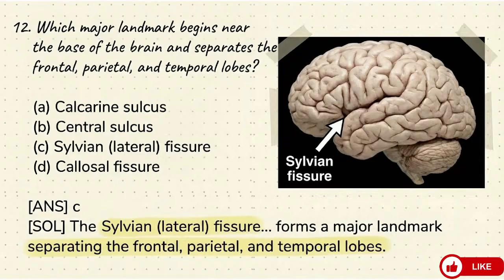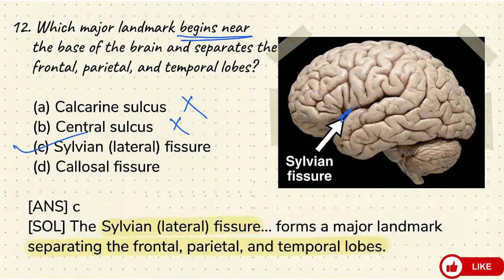Question number 12. Which major landmark begins near the base of the brain and separates the frontal, parietal and temporal lobes? Very important question. So this is the answer: Sylvian or lateral fissure. At this point you will find a fissure.